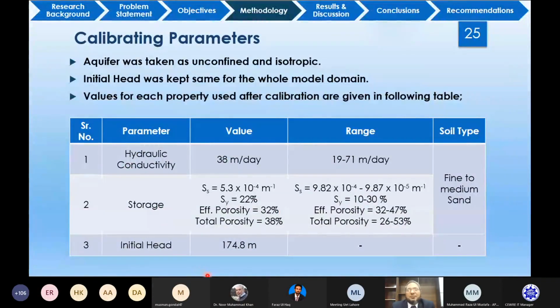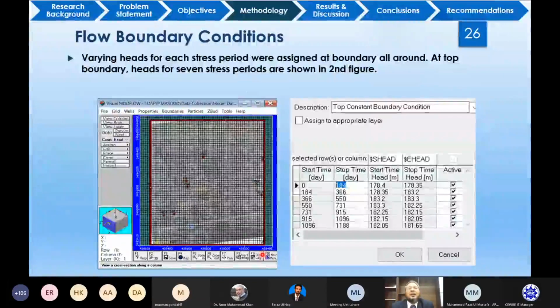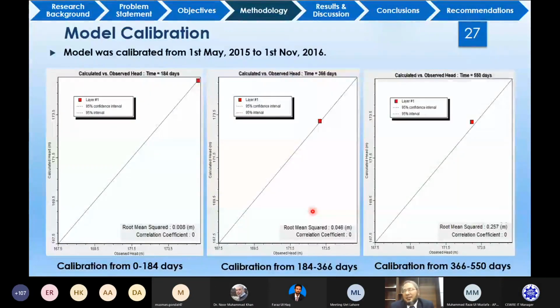Then the calibrating parameters used were particularly hydraulic conductivity and the storage coefficients, and the initial head we took as 174.8 meter. And then for the boundary conditions, basically a fixed head boundary condition was provided. After that, the model was calibrated for a period from 2015 to 2016.